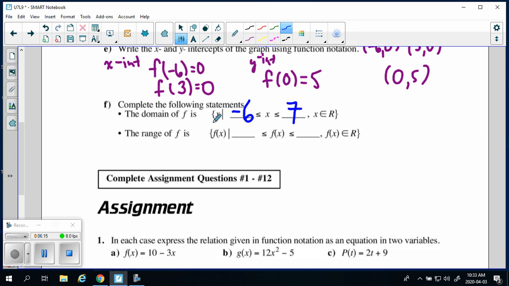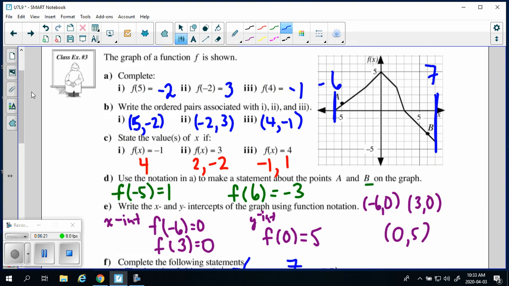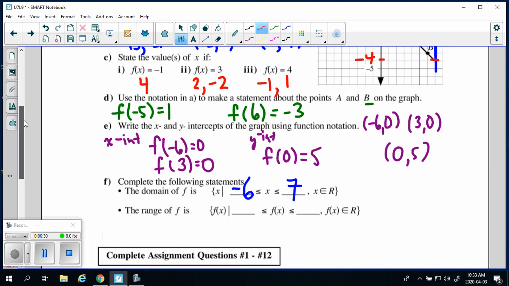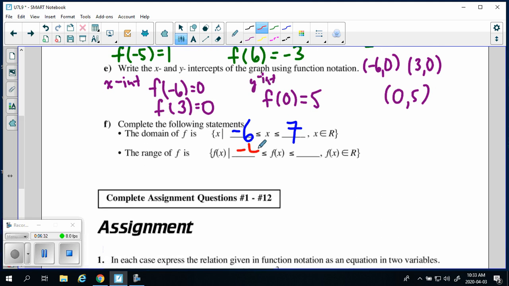Don't worry about this x such that, you can include it or you don't have to include it. The range, let's look up here. We're going between negative 4 and 5. So we would write that it runs between negative 4 and 5. And the only difference here is that instead of writing y, they've written f of x. But for your purposes, they mean the same thing. So that's just a quick review of domain and range.